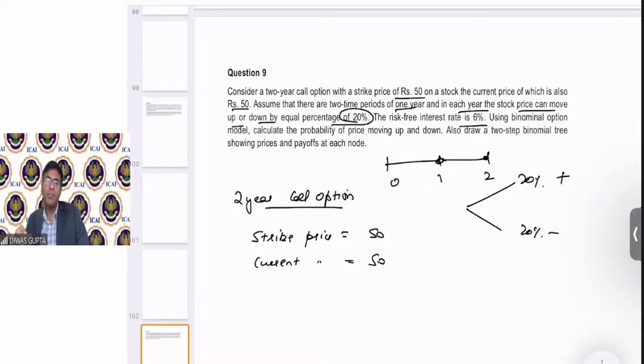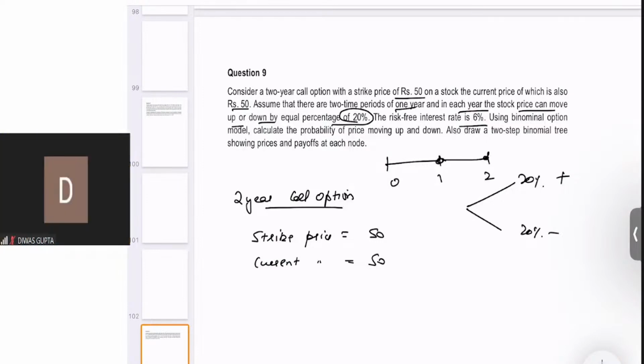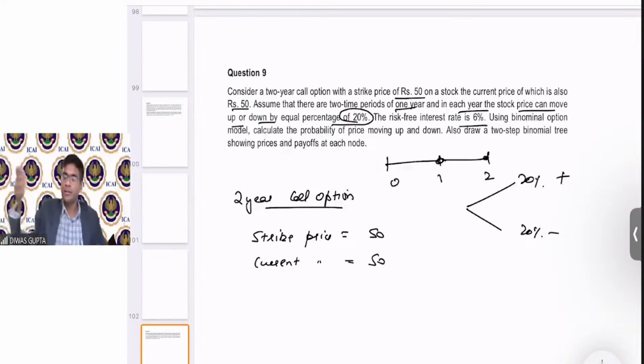Using the binomial option model, calculate the probability of price moving up or down. Also draw a 2-step binomial tree showing prices and payoffs at each node. That is what is mentioned. So let's start, students.